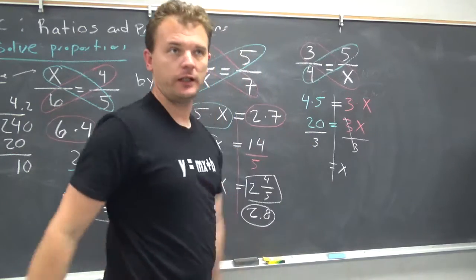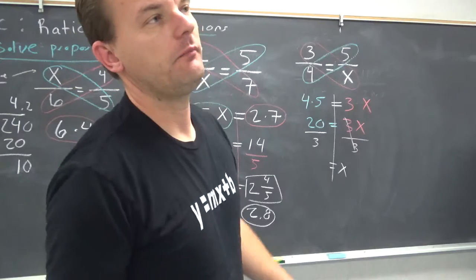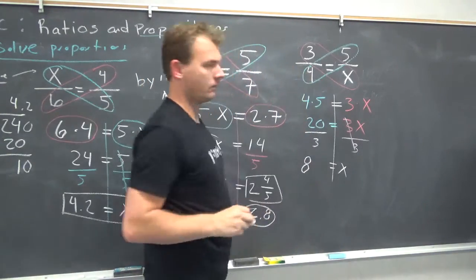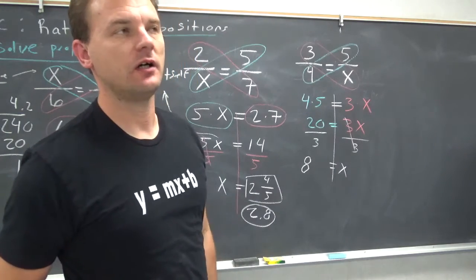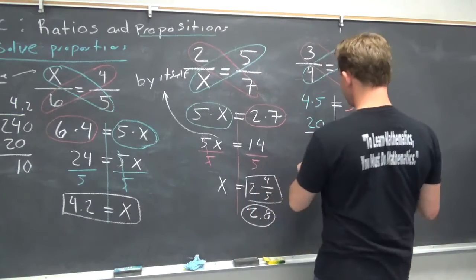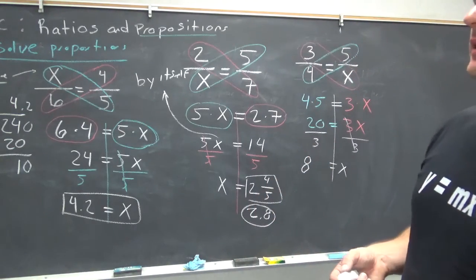Three goes into 20, 3 times 9 is 27, 3 times 6 is 18.